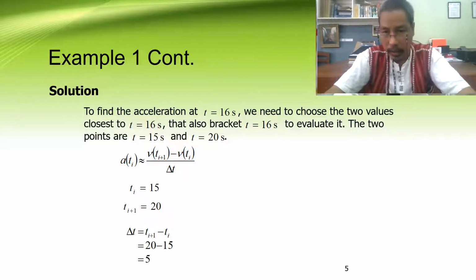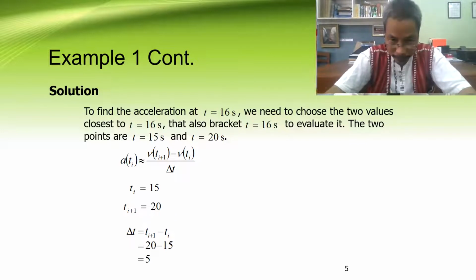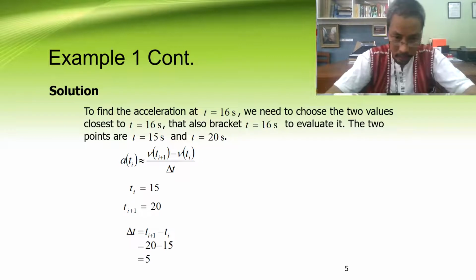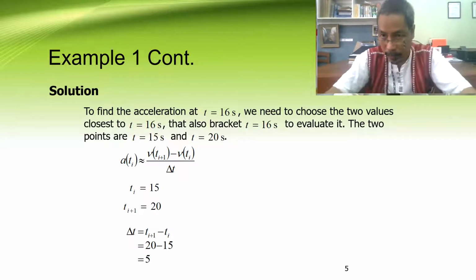Let us consider those, because those points are closest to what is required. The required is the acceleration at time 16 seconds. So what is the delta t right now? 20 minus 15 is just 5 seconds.